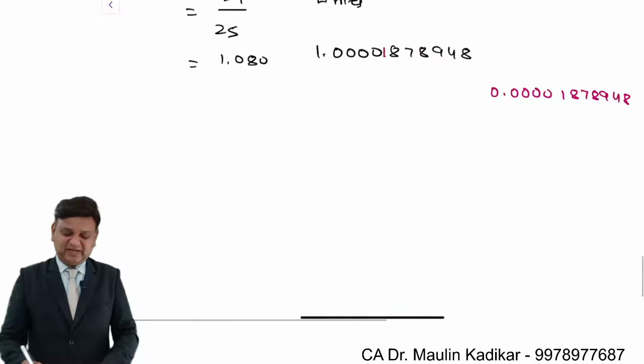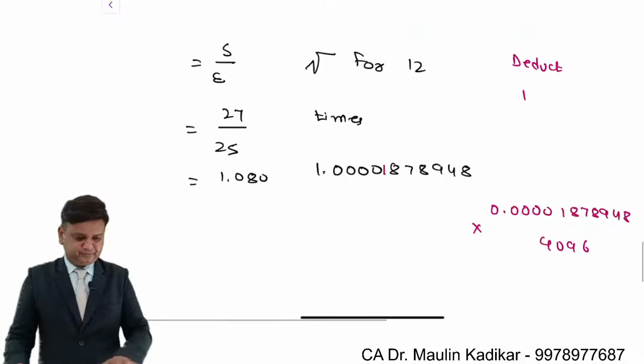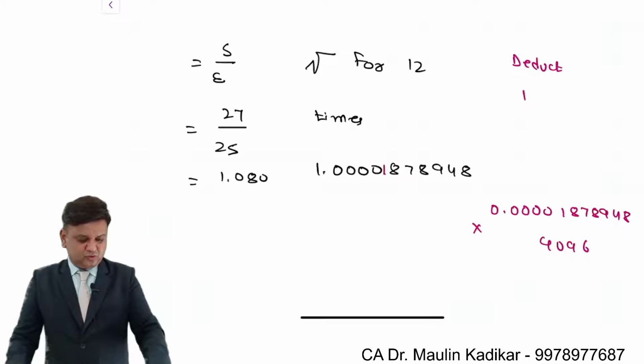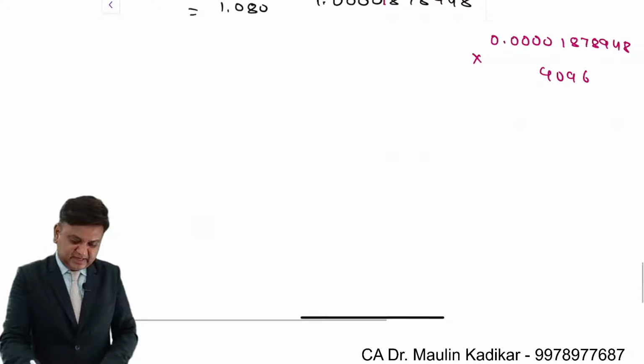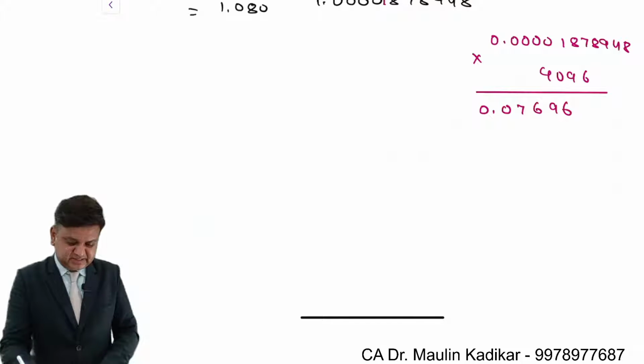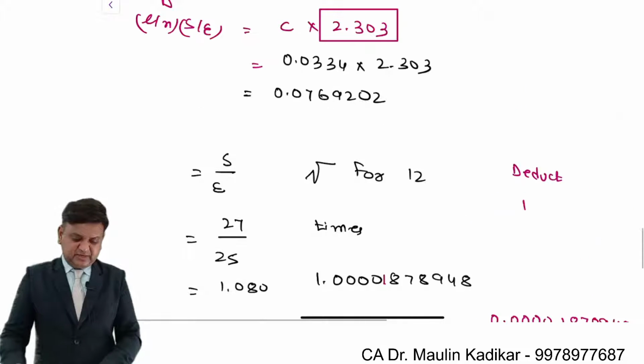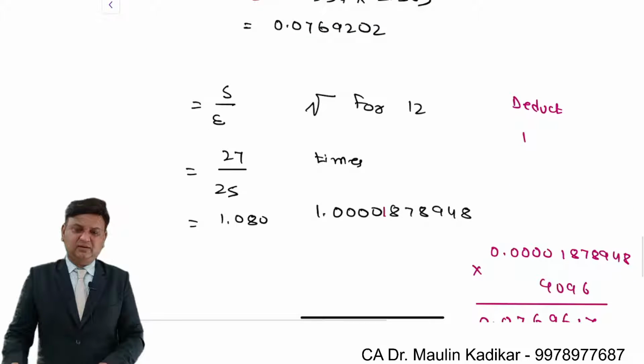Whatever value we get, multiply by 4096. So minus 1 and into 4096, that is a fixed value. With that you can get ln S divided by E. It is 0.0769617. So you can see that you are able to get an answer which is very near to it.